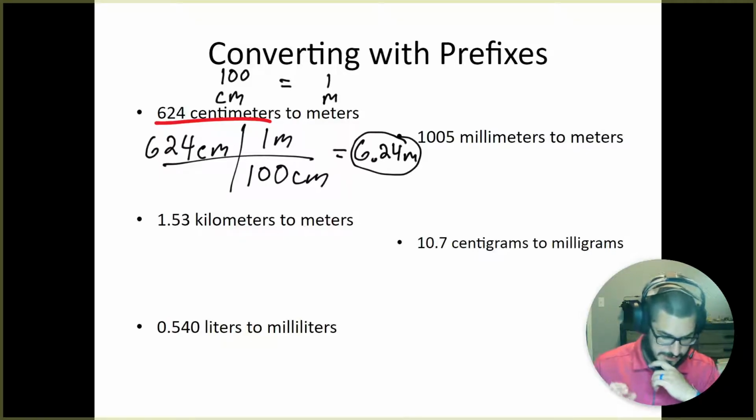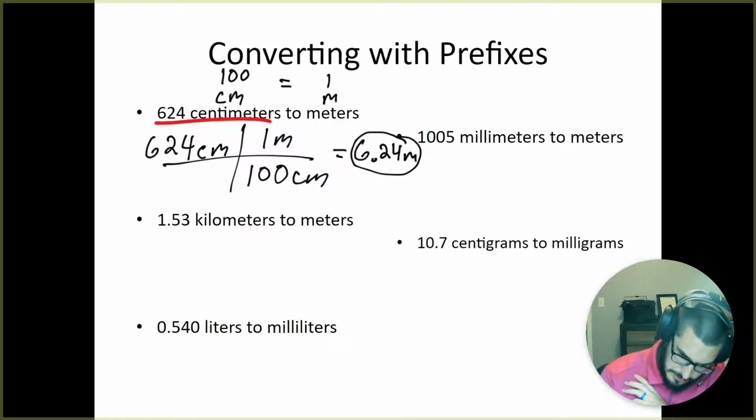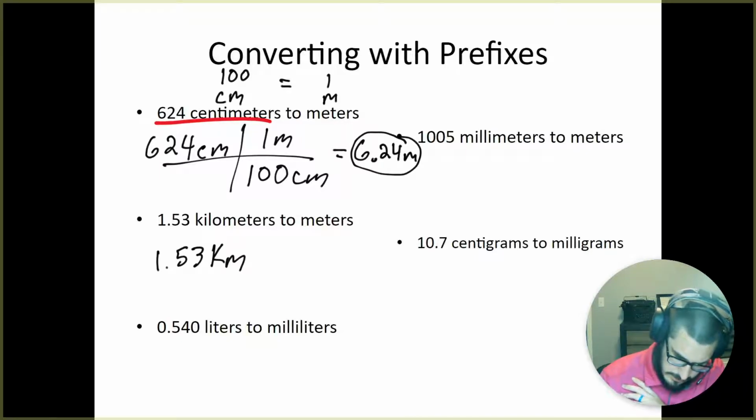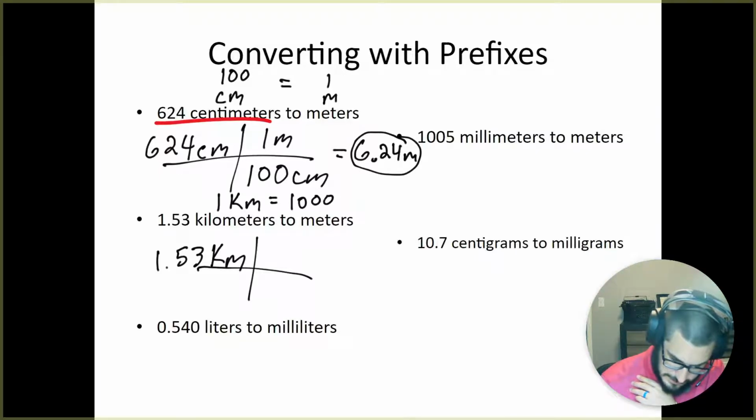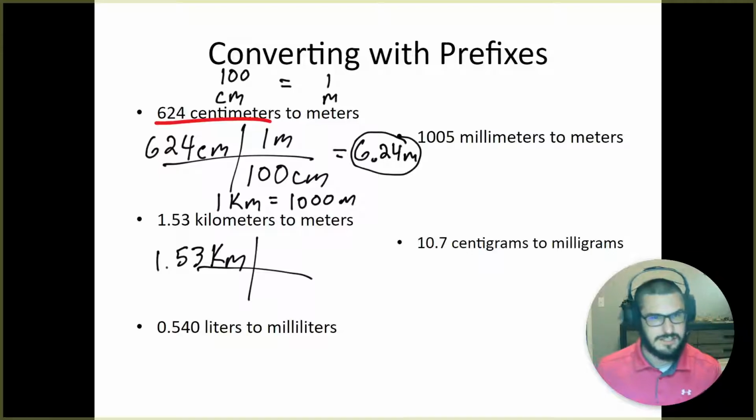1.53 kilometers to meters. So I've got 1.53 km, and I want to get that to meters. Kilo I know means 1,000, but kilometer is the bigger one, so that's 1 kilometer equals 1,000 of the meters, because meters is smaller than a kilometer. Kilometers are more like a mile.